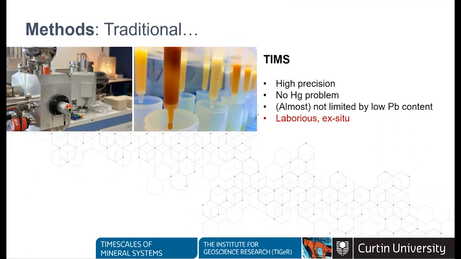We're also not really limited to any specific rock type, and we don't need a high lead content for TIMS analysis to be successful. In addition, of course, double spike TIMS is currently the method that offers the highest achievable precision. On the other hand, sample preparation is quite time consuming. The analysis itself is relatively slow, and of course, it's not an in situ technique.